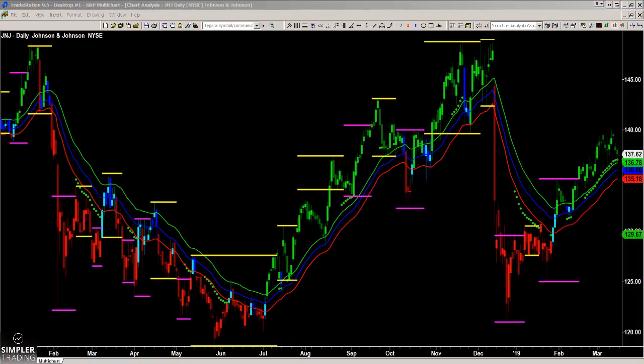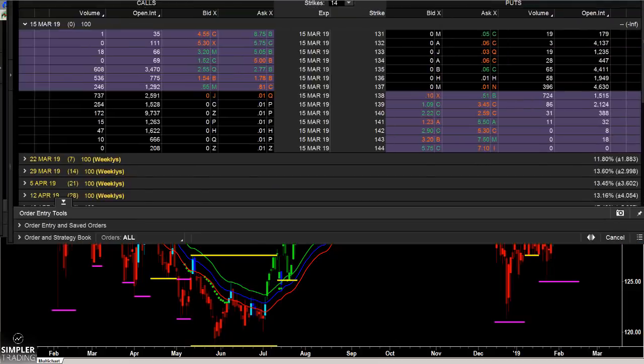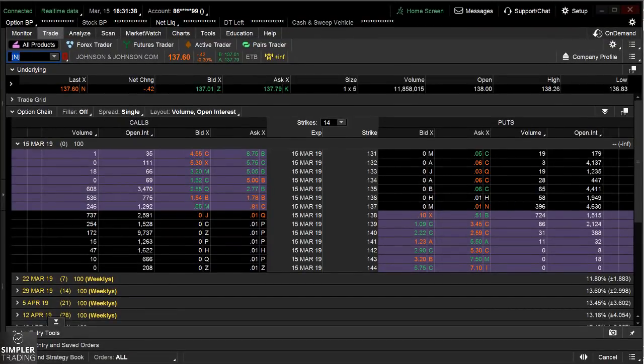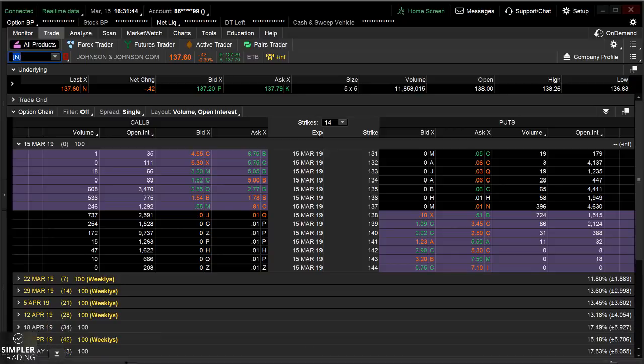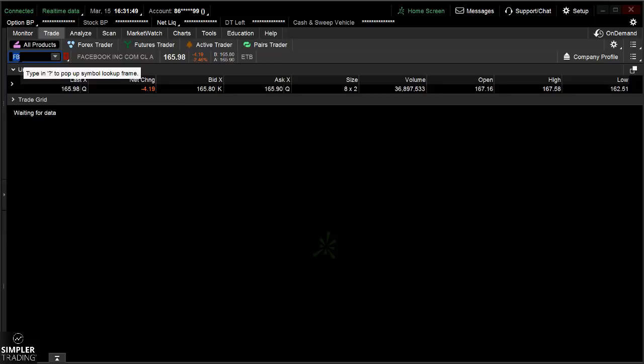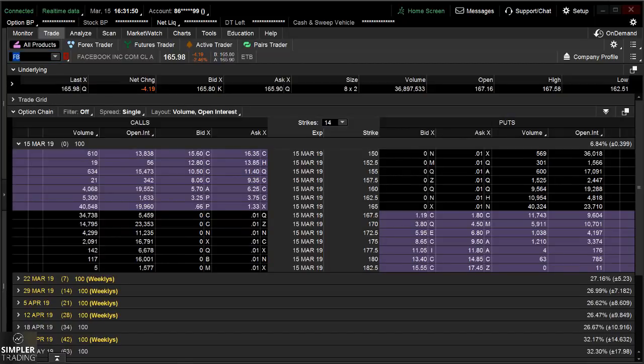So what we'll do is we'll head on over to the option chain. The option chain is like an interesting alternative to finding support and resistance. It's not really that difficult. Let's go to Facebook here for the example. You want to take a look at what kind of open interest.